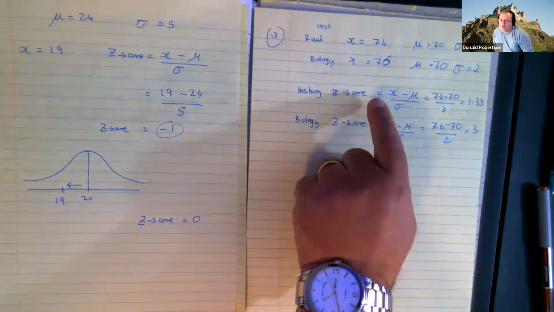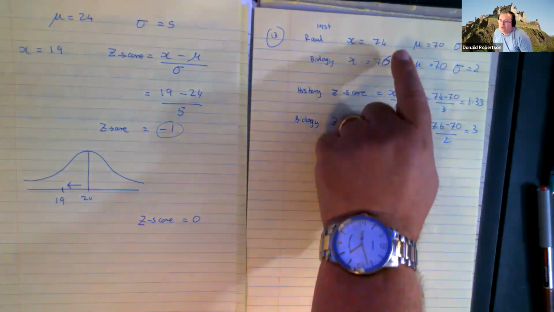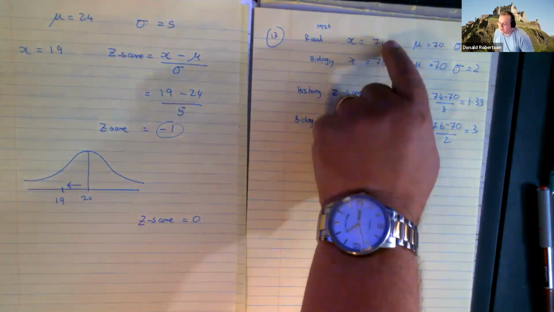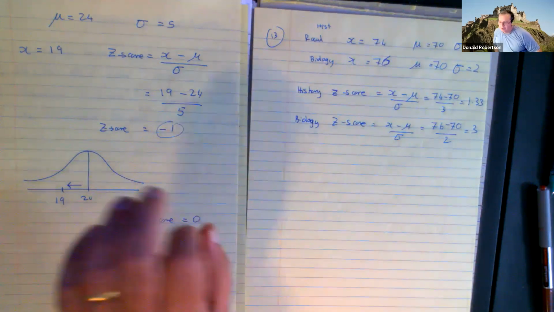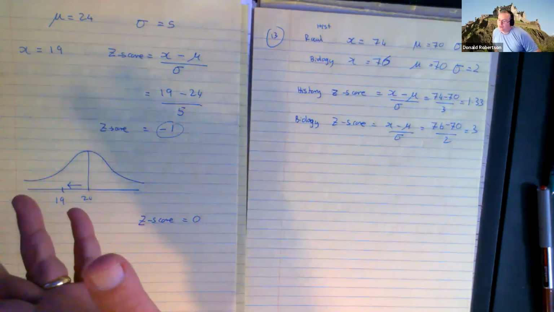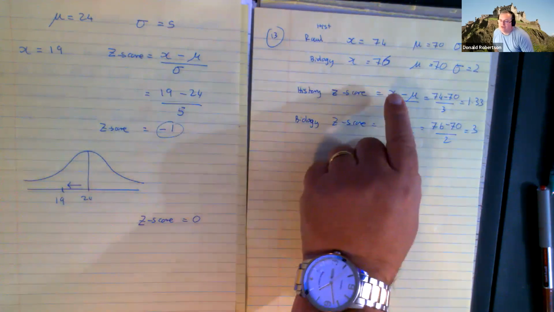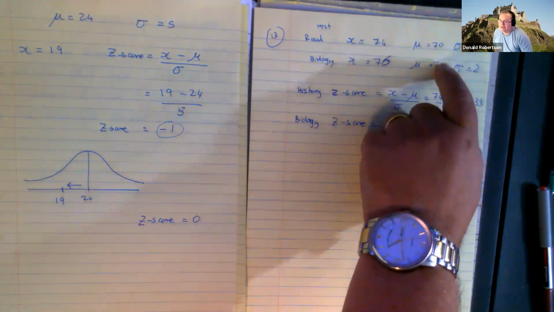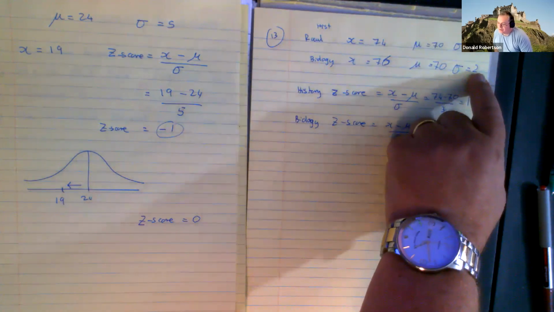Now, z-scores don't necessarily mean the biggest score wins. In this case, it did, right? Remember the one I did where I beat my brother, even though my score was lower than his. So z-scores don't care what these are individually.